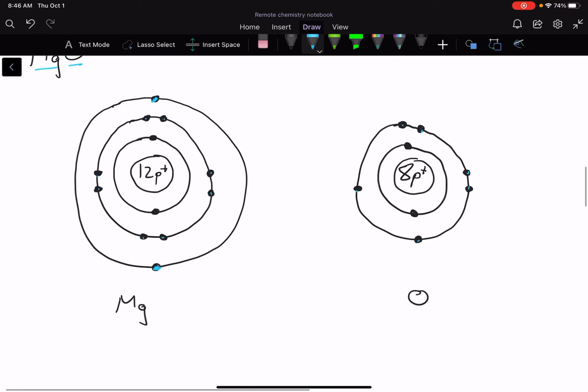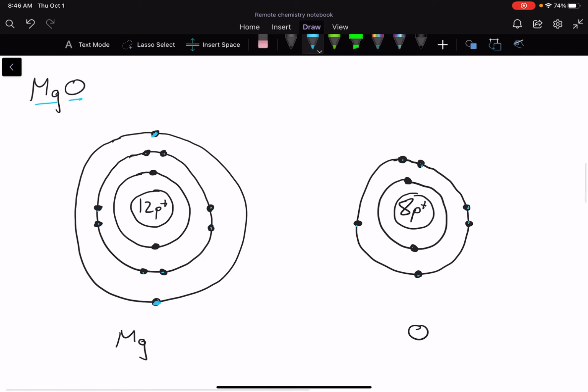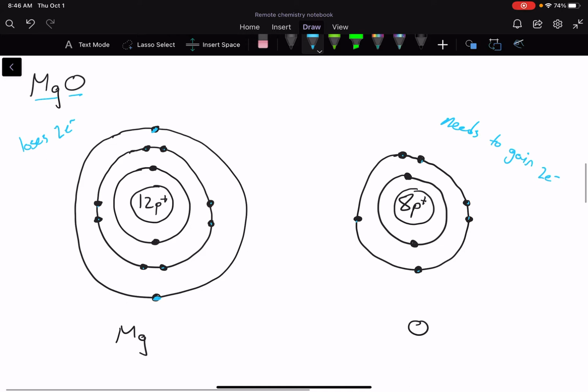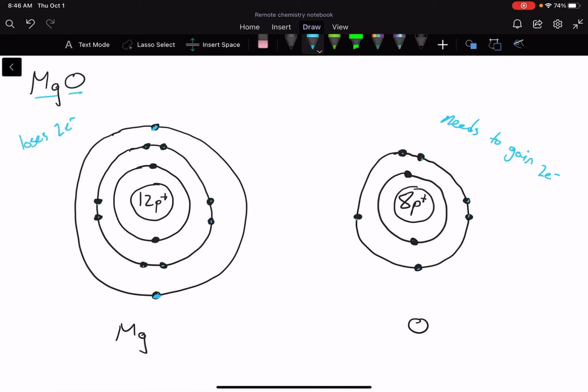So in order to complete its valence shell, magnesium loses 2 electrons, and oxygen needs to gain 2 electrons. And so what happens is we take this electron, and they become transferred over to that oxygen atom.